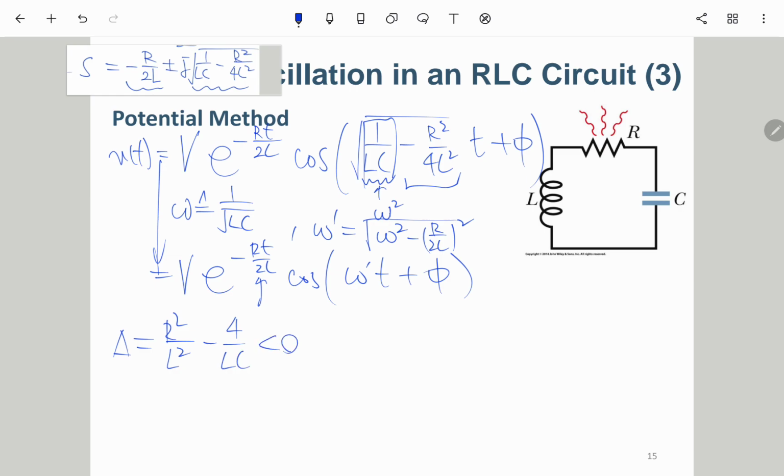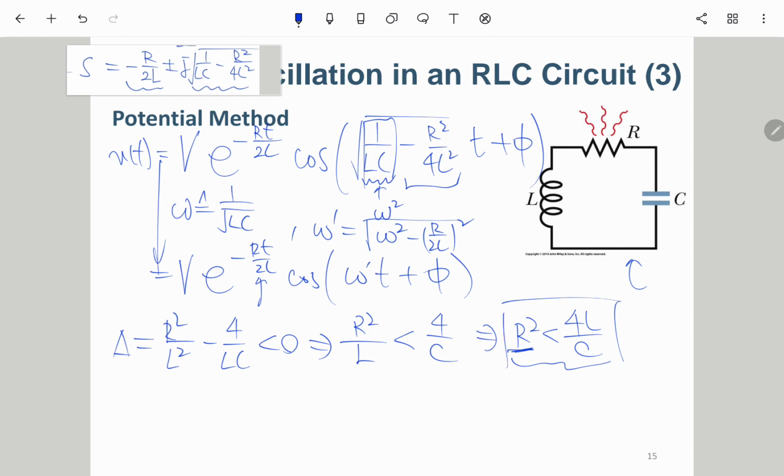Since L is larger than 0, we have R squared over L smaller than 4 over C, or we can put it as R squared is less than 4L over C. Which means that if we would like this RLC circuit to oscillate, it should satisfy this condition.